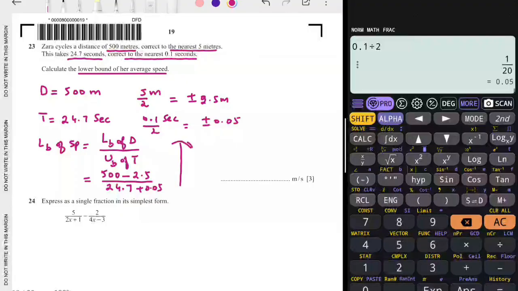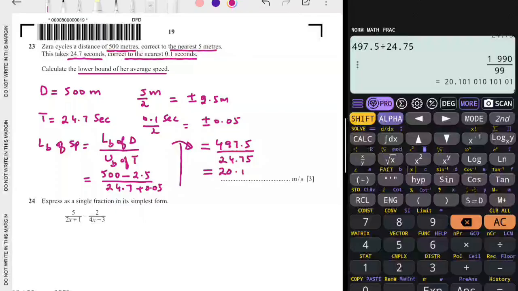So it will be 500 minus 2.5, this would be 497.5, divided by 24.7 plus 0.05, which will be 24.75, and we divide it: 497.5 divided by 24.75, so it will be 20.10. This would be the final answer.